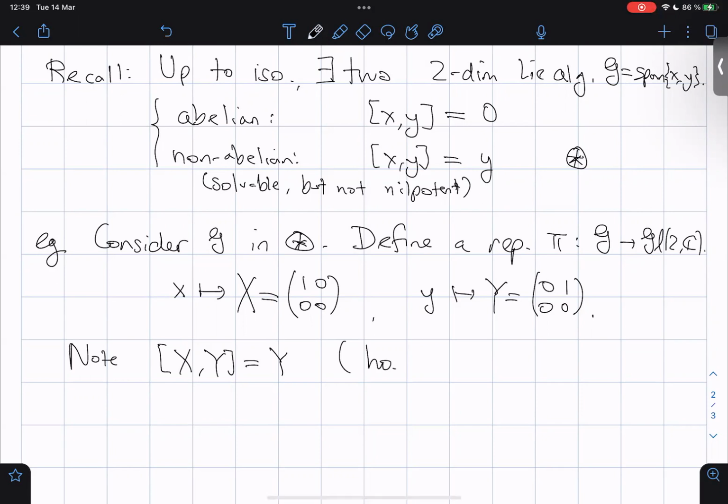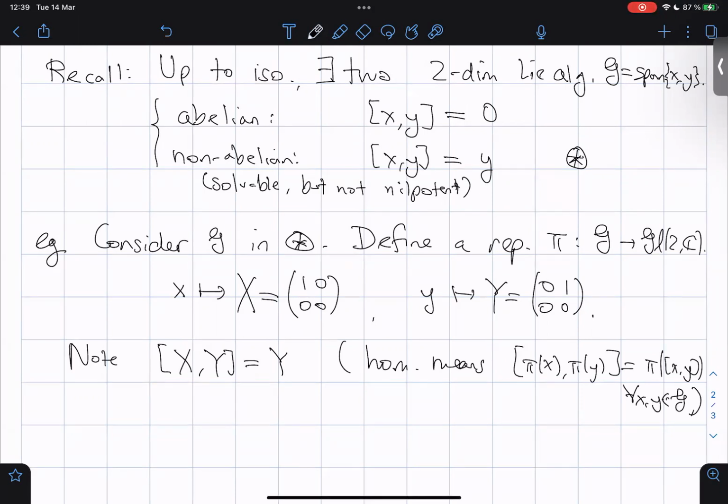So homomorphism means that pi of x, pi of y, the bracket, equals pi of the bracket of x and y, for all x and y. So in verifying this, you're verifying the homomorphism condition. But this map, defined like this, is an injection.